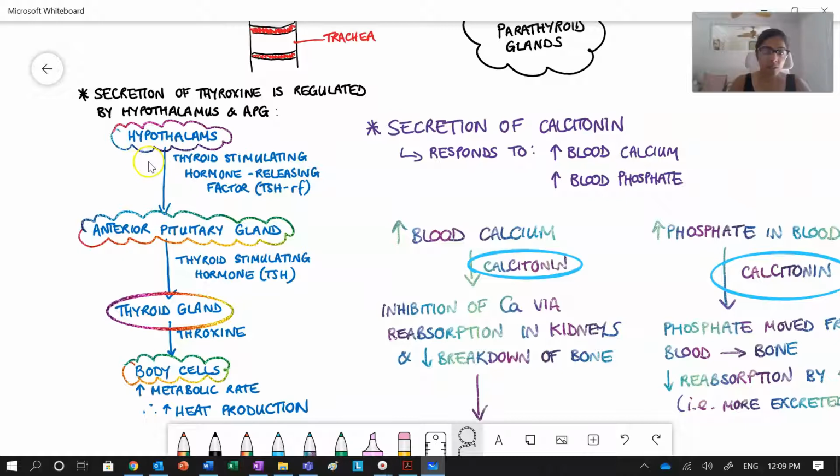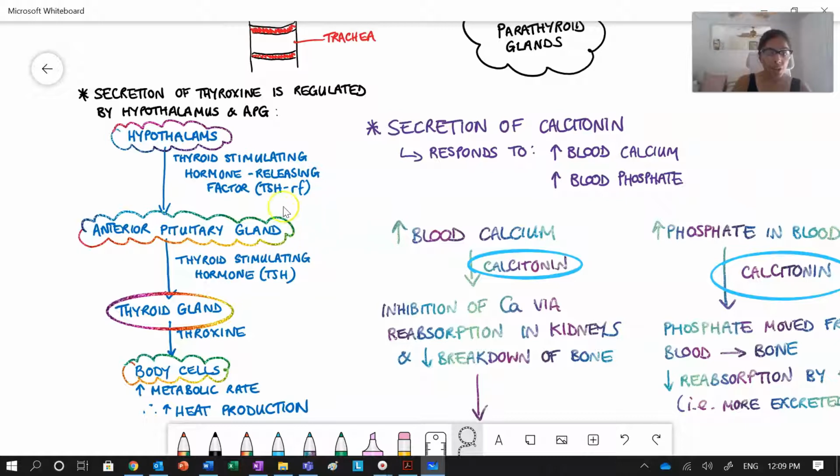In this instance, it's going to be thyroid stimulating hormone releasing factor, or TSHRF for short. This releasing factor travels down the infundibulum, that's the stalk that connects to the anterior pituitary gland.